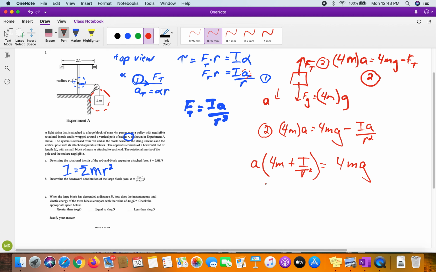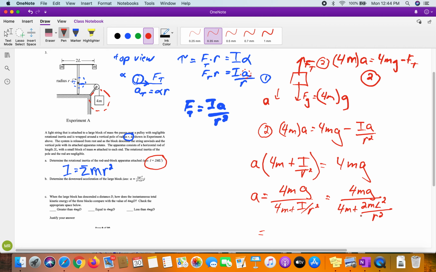And then we solve for A. Now don't forget I was 2ml squared. And then the rest is just algebra.